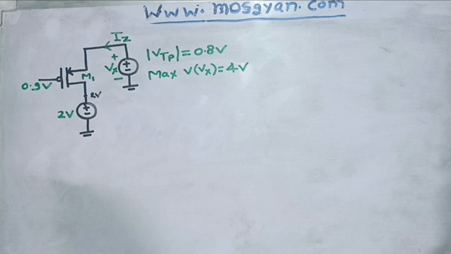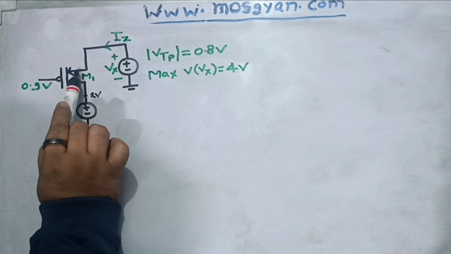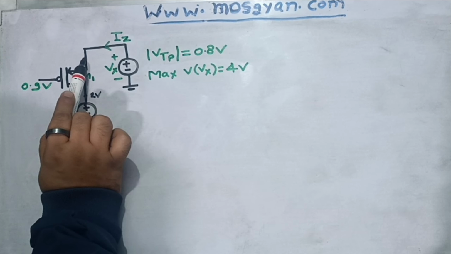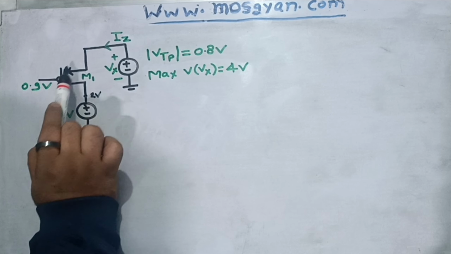First of all, you must know that in any NMOS or PMOS, the source terminal is defined by the applied potential. It is not always a fixed terminal. For example, in this PMOS, this node is marked as the source node, but it will not necessarily be treated as the source terminal. The potential we apply at this terminal will define whether it behaves as a source or not.